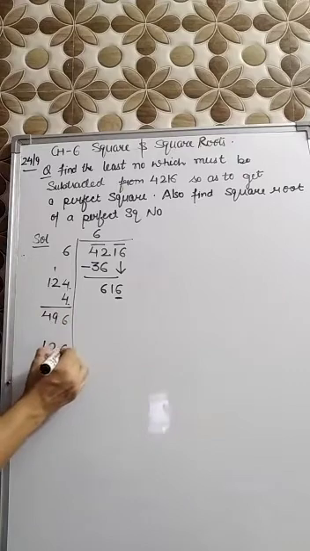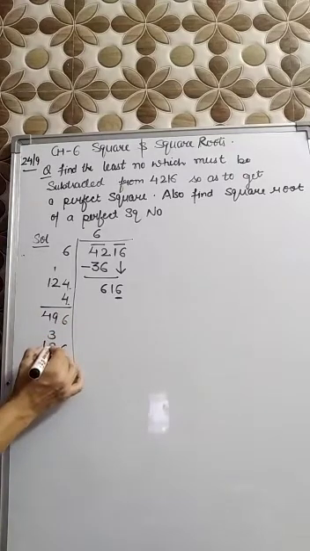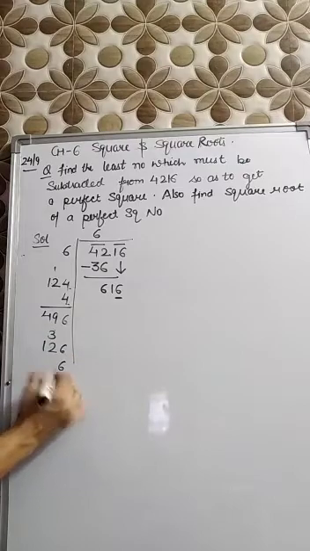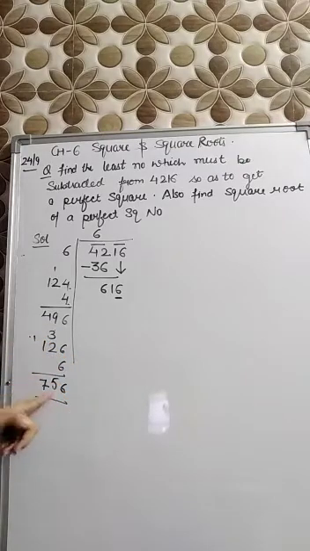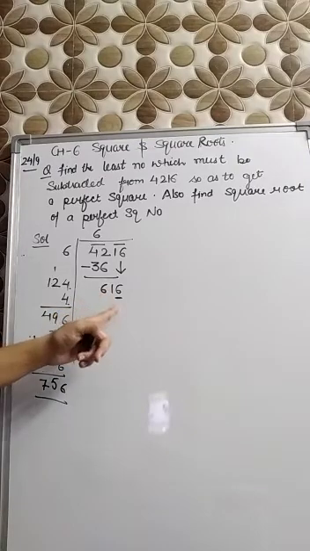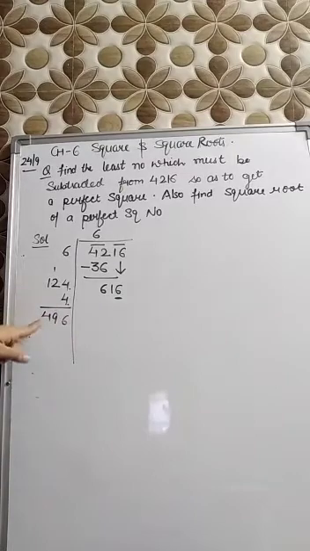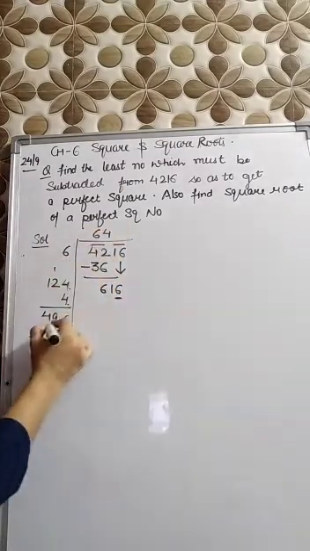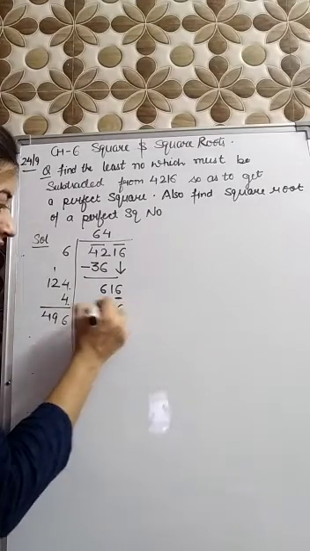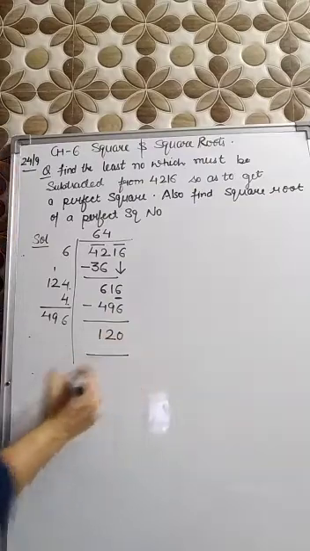If you take 6, what you will get? 6 6 are 36, 6 2s are 12 plus 3 15, 6 1s are 6 plus 1 7. 756 is greater than this 616. So you can't take this number. You have to take 4, and this 4 will be written here and this 496 will be written here. When you subtract this, you will get 120.